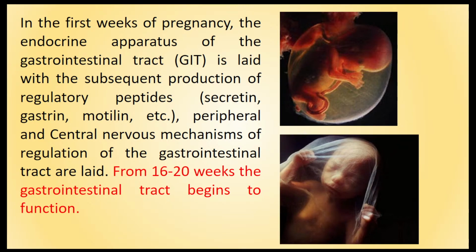From the 16th to 20th weeks of the embryonic period, the gastrointestinal tract begins to function. Just after 4, maximum 5 months, in utero the function of the gastrointestinal tract of the child begins.